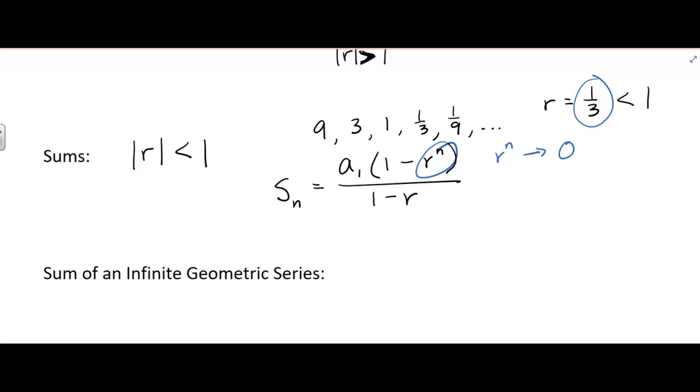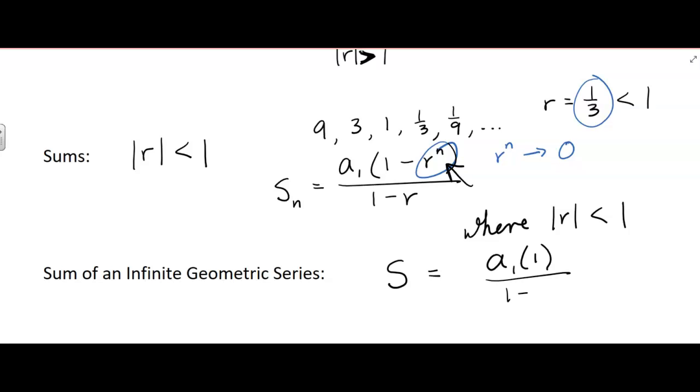So because that's going to 0, then we have the formula for the geometric series. Okay, we're going to say the sum of an infinite geometric sequence where the absolute value of r is less than 1 is going to be just a sub 1 times 1, but you don't need the times 1 because this part's going to 0, over 1 minus r.